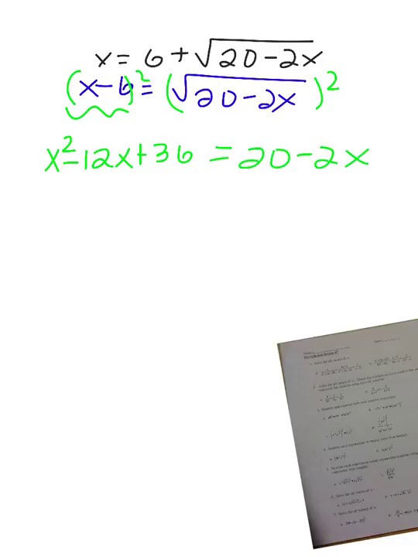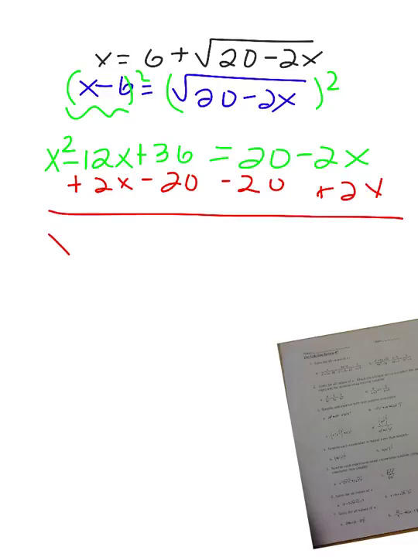Remember, when you square that binomial, x minus 6 squared, that's x squared minus 12x plus 36, equals 20 minus 2x. It is a quadratic, so get it to equal 0: minus 20 and add 2x. So I get x squared minus 10x plus 16 equals 0.